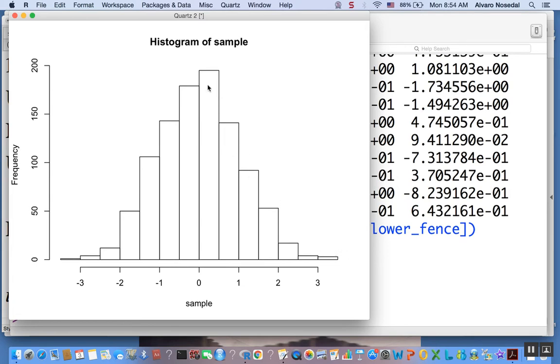It looks roughly symmetric. We have a single peak, and given that we now know the empirical rule, most of the observations lie between -3 and 3, as we should expect. No surprises there.